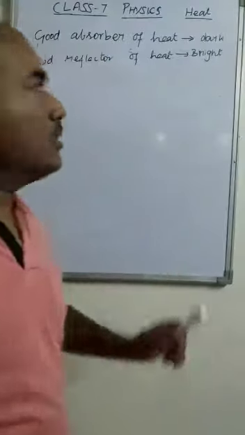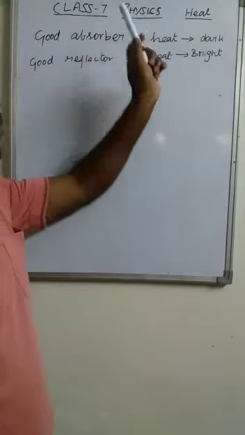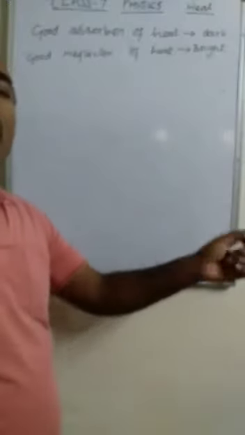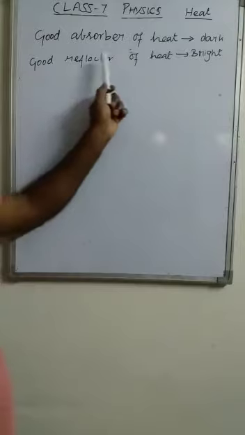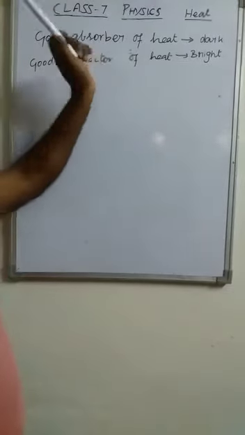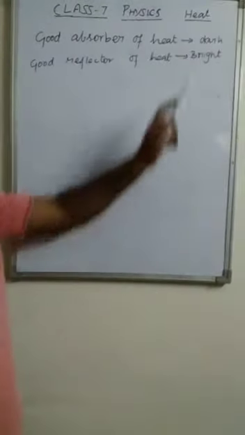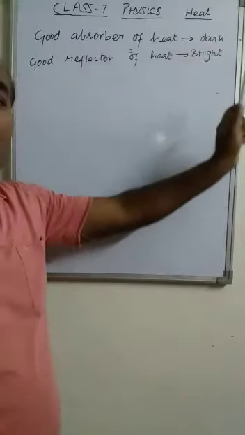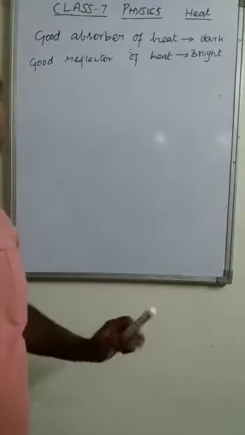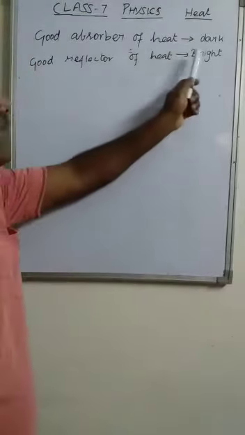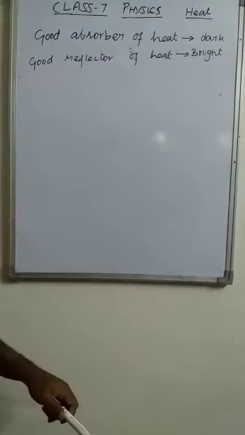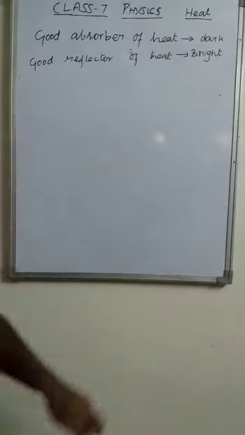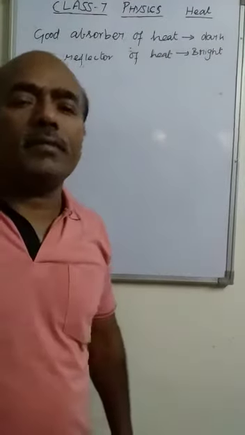Those materials which are good absorbers of heat are bad reflectors, and those which are good reflectors of heat are bad absorbers. That means dark color objects are good absorbers of heat and bright color objects are good reflectors of heat. These properties have practical life examples.